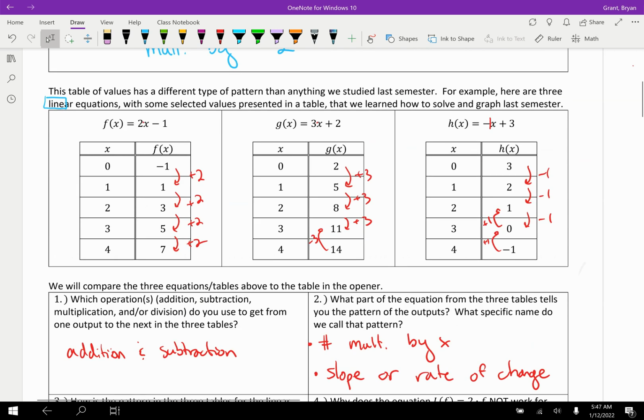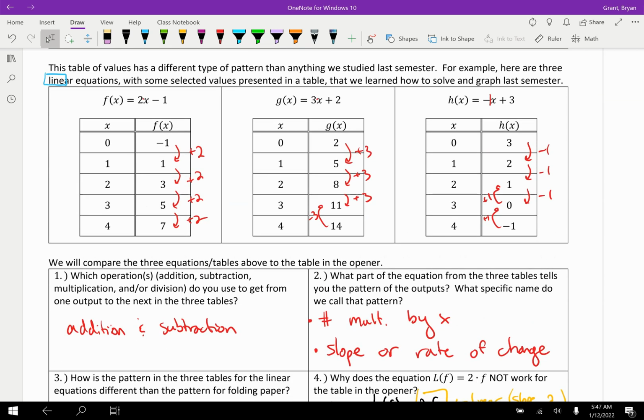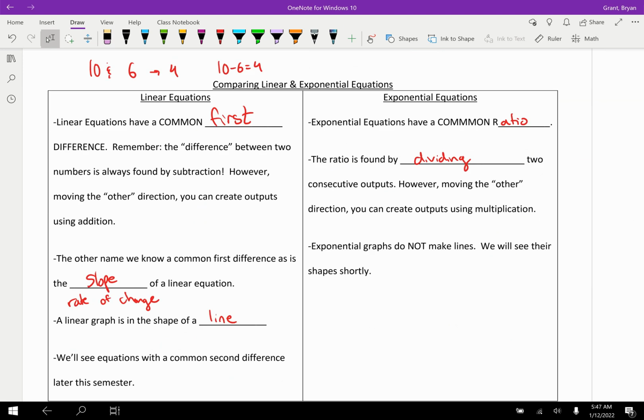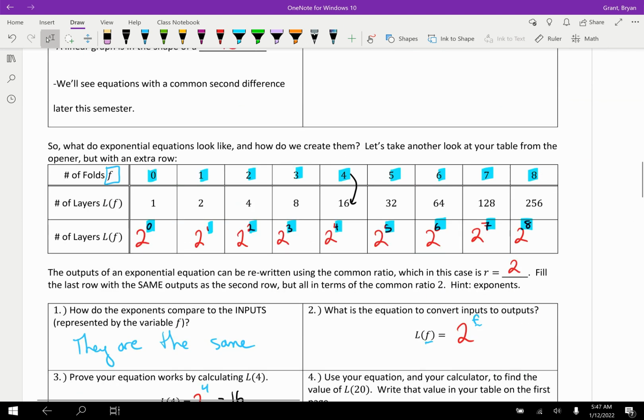The linear graphs add or subtract as you move up or down a table. That adding or subtracting is known as a common first difference, or the slope or the rate of change of our function. However, exponential functions, because they multiply or divide, do not make lines. Exponential graphs make curves. Okay?